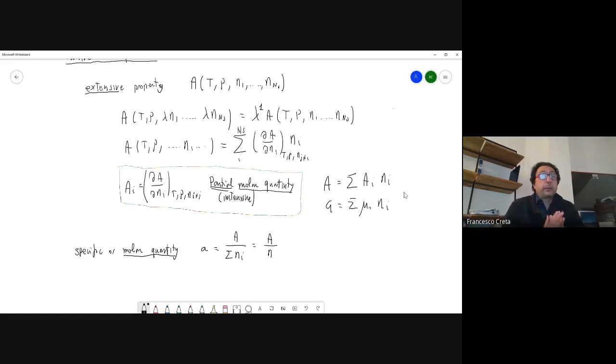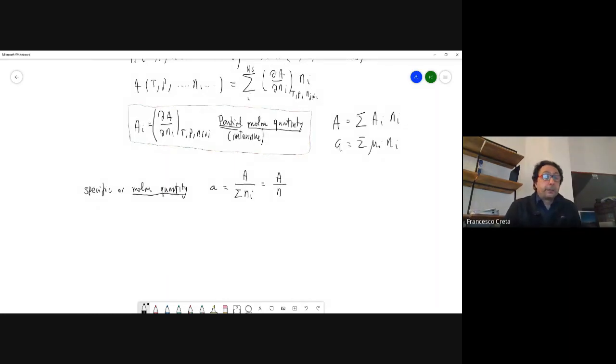We're dealing with systems that are composed of several species. So the partial molar quantity, and I'm going to give you the definition now, is associated to component i. Let me just write it down.